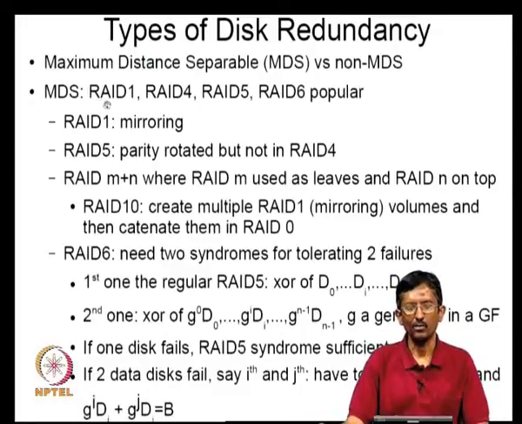Okay. So with RAID 4 and RAID 5, you take a few number of disks and then compute the parity and store it on the other side. But if you do it for all the blocks, then the parity disk is going to be used all the time, because for every write you have to keep on accessing the parity disk, right. So it turns out that the parity disk could be a bottleneck.